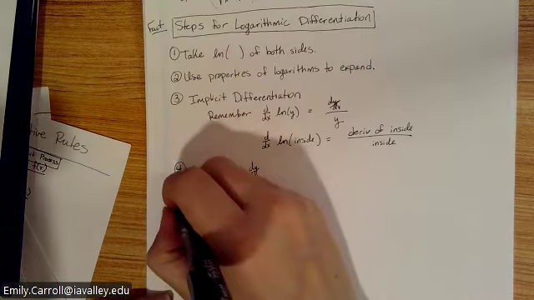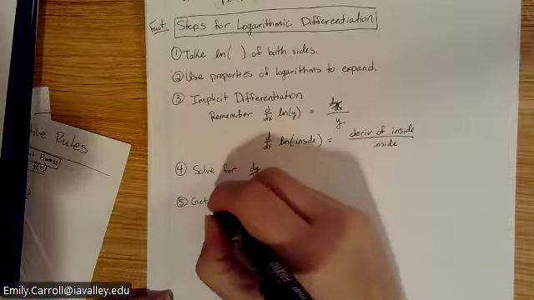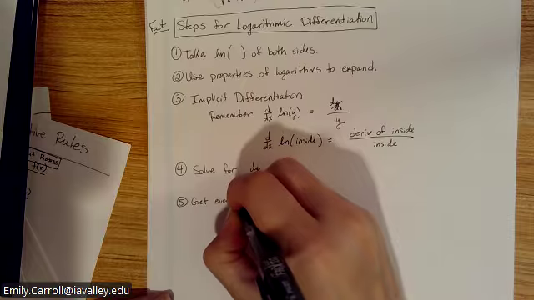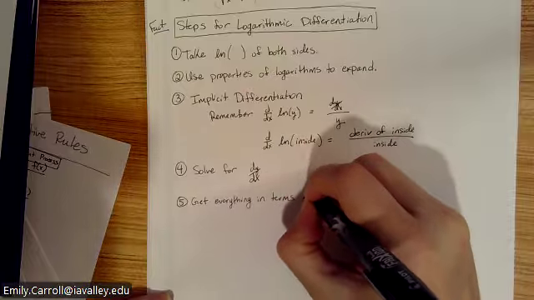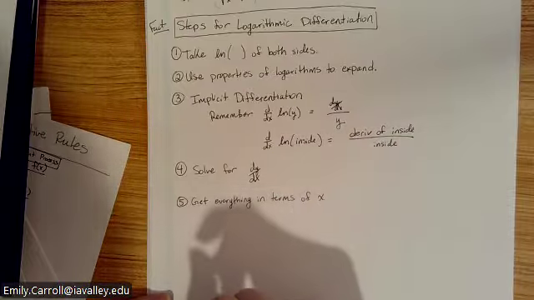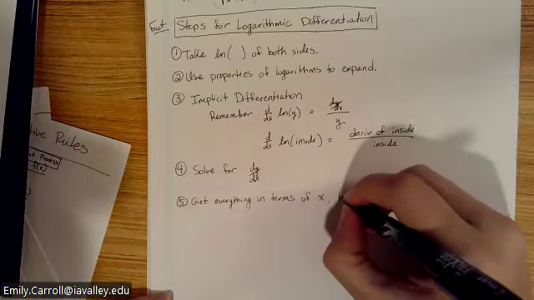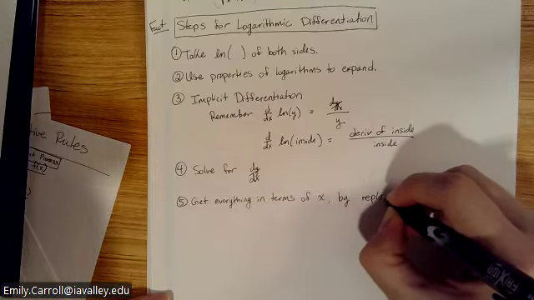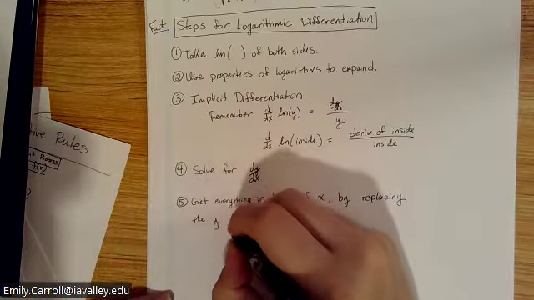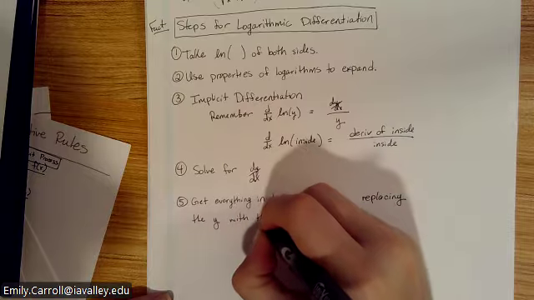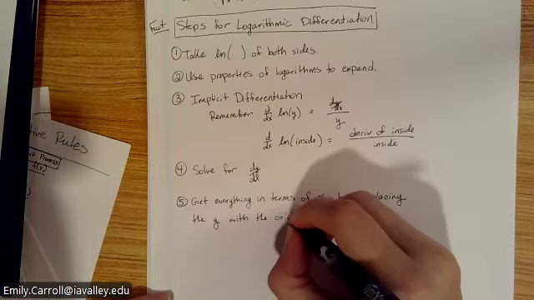Once you've got dy dx alone, you want to get everything in terms of x by replacing the y with the original function.